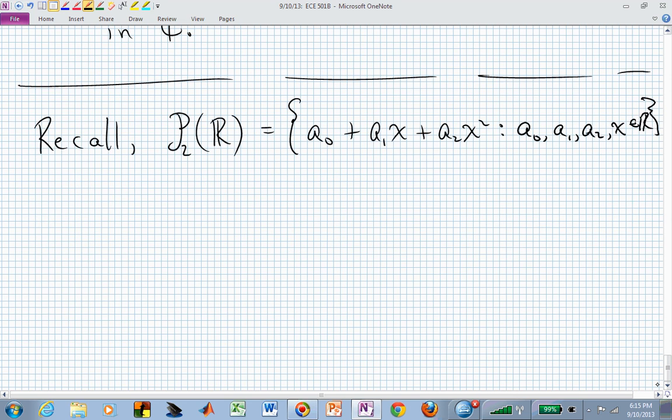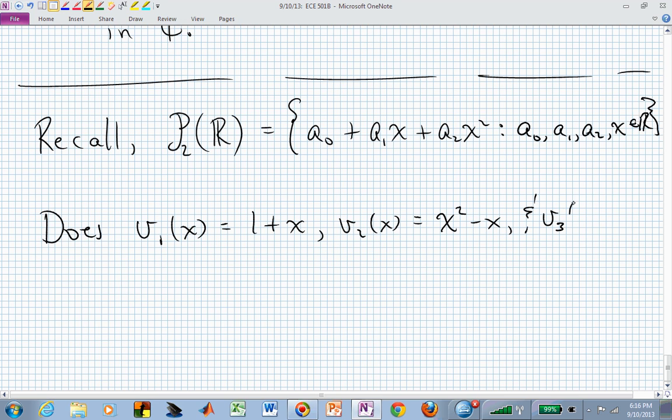Now what we might like to know is, what if I take some vectors and ask if indeed they form a basis of this set of second order polynomials? So here's the question that I'm asking. Does v1 of x, which let me define as 1 plus x, v sub 2 of x, let me define as x squared minus x, and let me define v sub 3 of x as 2.